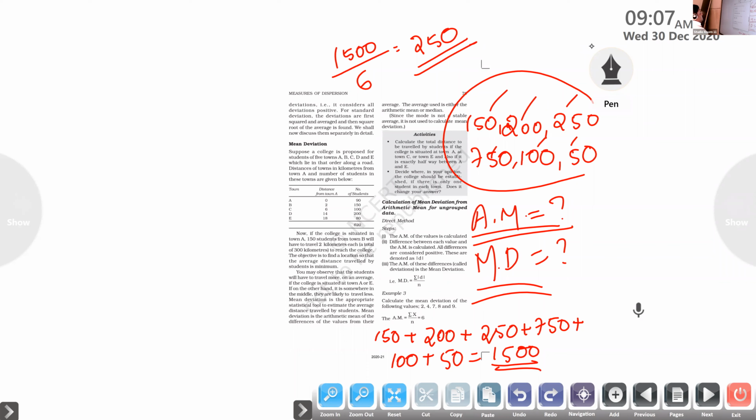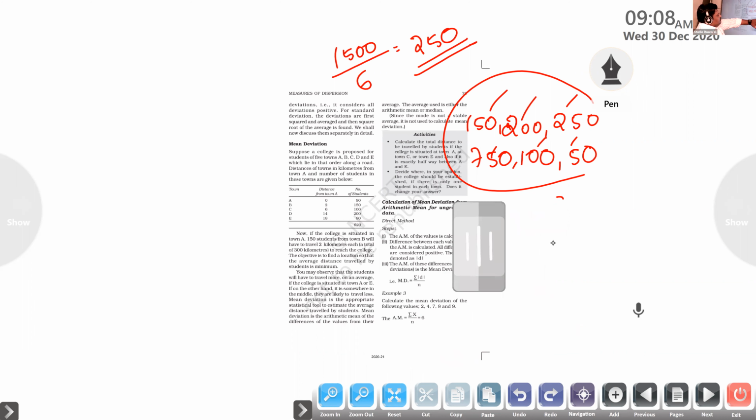Mean deviation, Annette, it's wrong. Mean deviation: I want to find out the difference between these digits and the arithmetic mean. So what will we get here? The difference between 150 and 250, what is that? 100.